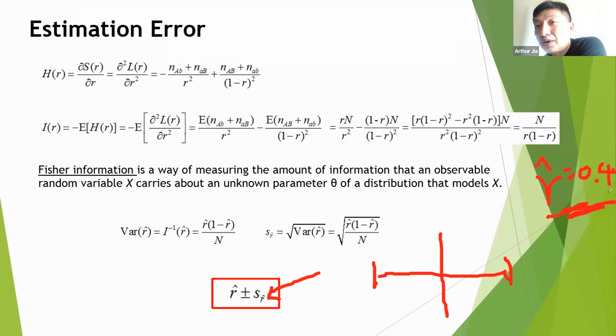Since this value is very large, close to 0.5, you want to test if the linkage between A and B is significant or not. So you can do a test.